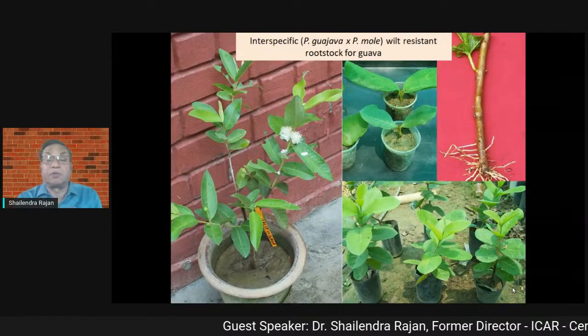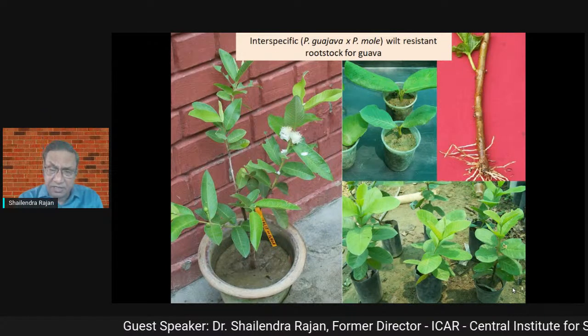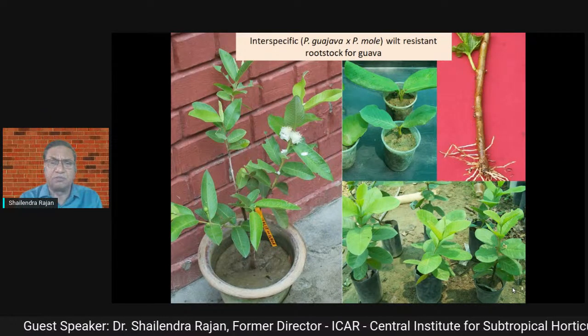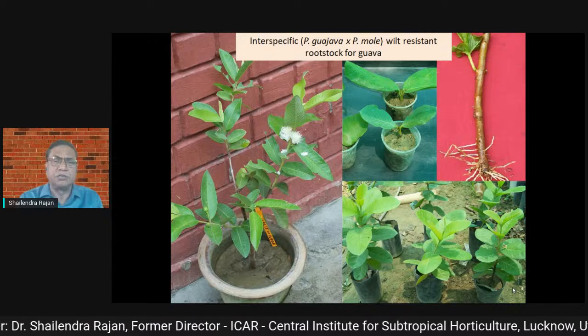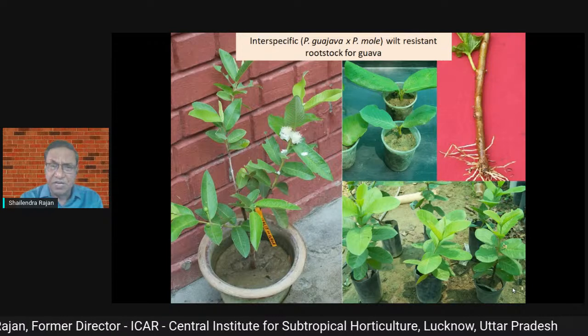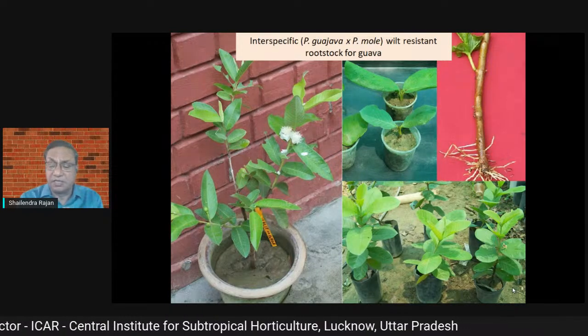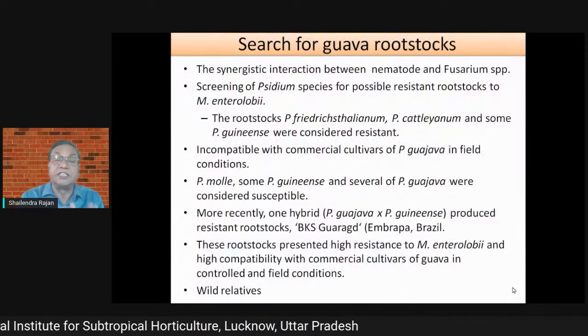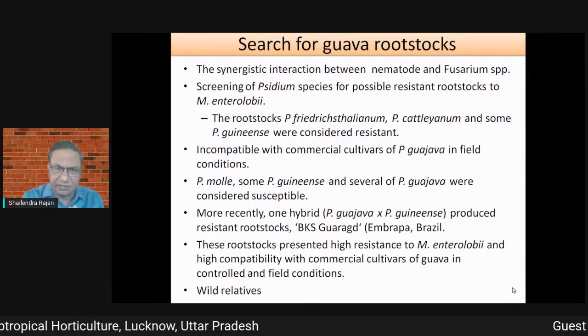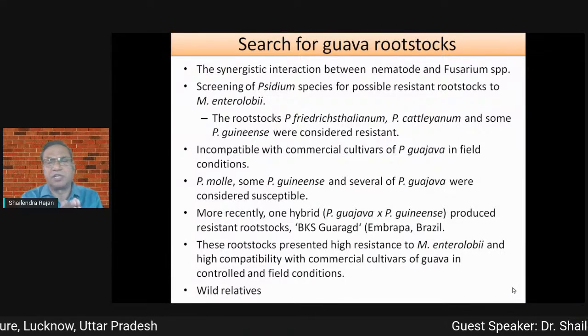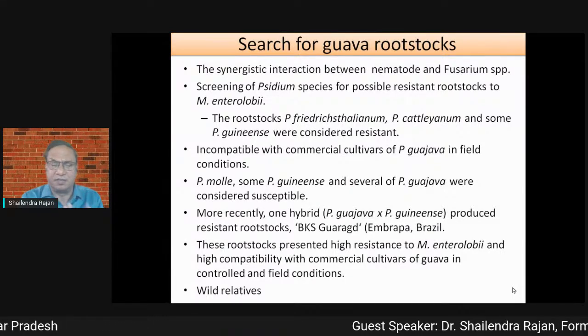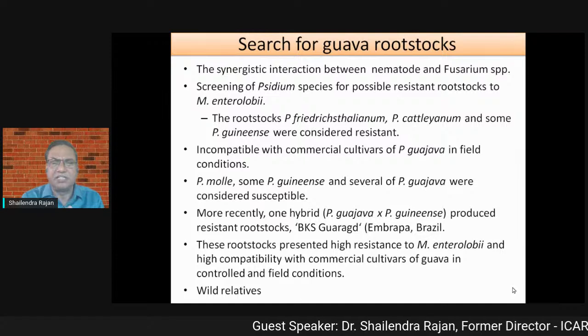Another important problem is guava wilt. Interspecific rootstocks were developed using Psidium guajava with Psidium molle, and it is wilt resistant. But the problem is still there because the multiplication rate is too low. We have to search for a technology with a higher multiplication rate.